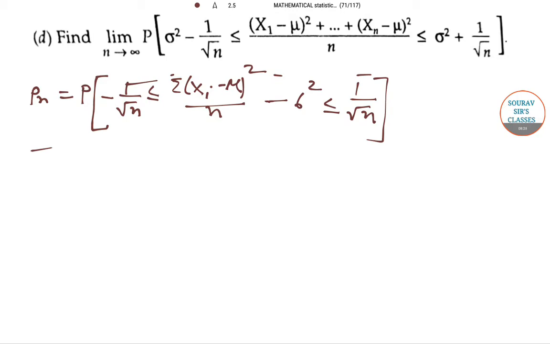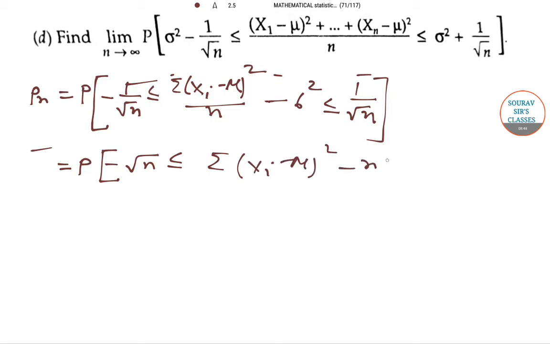So now this must be equal to probability of minus root n less than or equal to summation (x_i minus mu) whole square minus n sigma square less than or equal to root n.